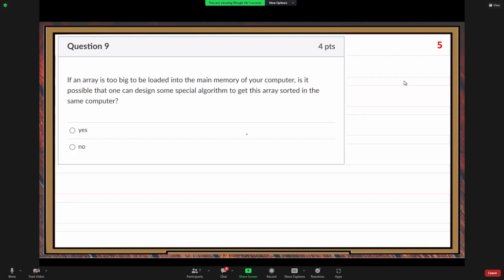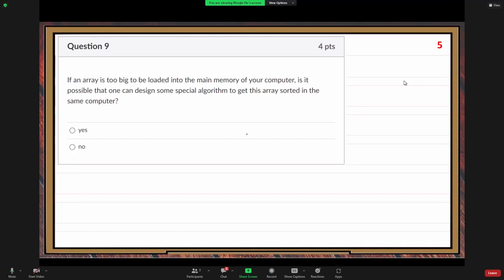So don't worry, load a portion of it, then write the sorted, merged array to the output, portion by portion, so you can get the whole array sorted.